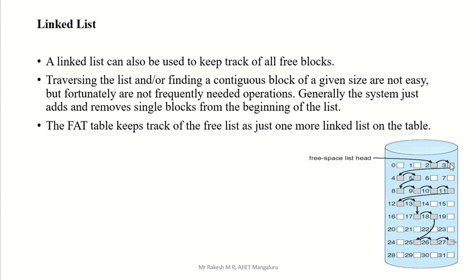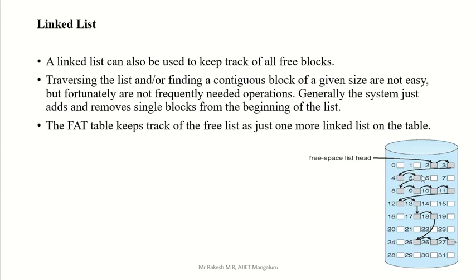Then jump to 3. From 3 where do we have to jump? To 4, right? So the address of 4 is stored in 3. 4 is also free. Inside this block we have to store the next free block address.